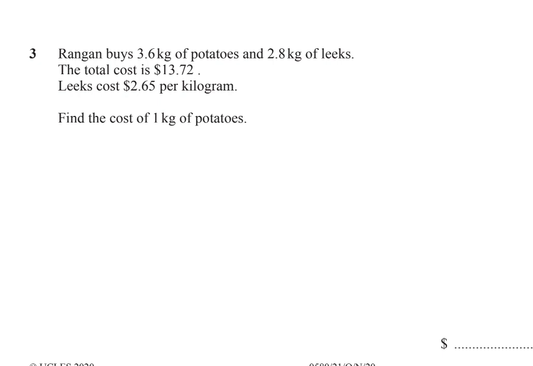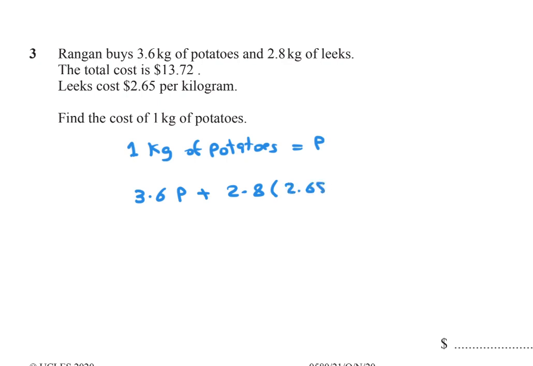If we consider that the cost of 1 kg of potatoes equals B, so 3.6 times B plus 2.8 times 2.65 equals 13.72.